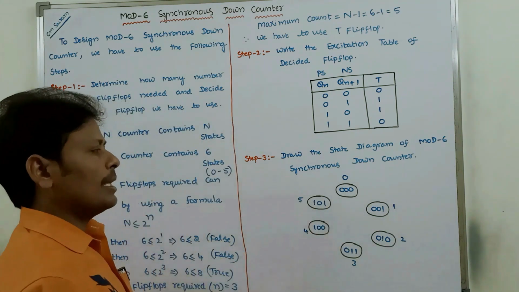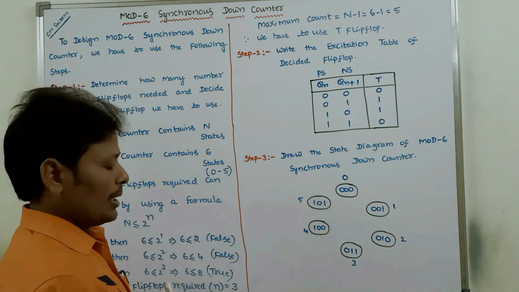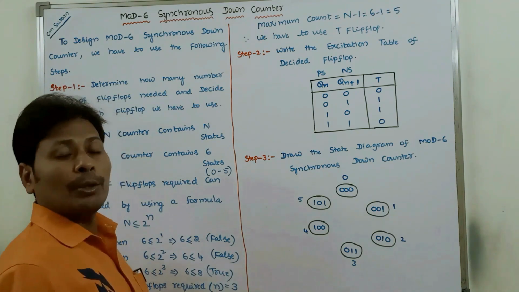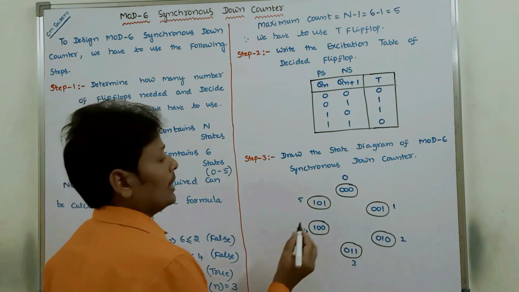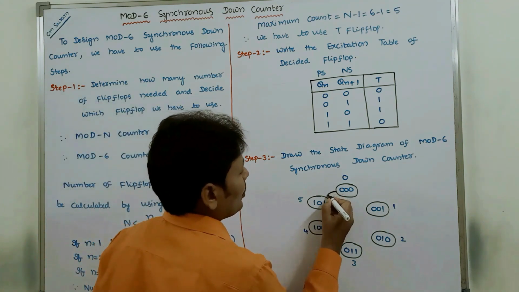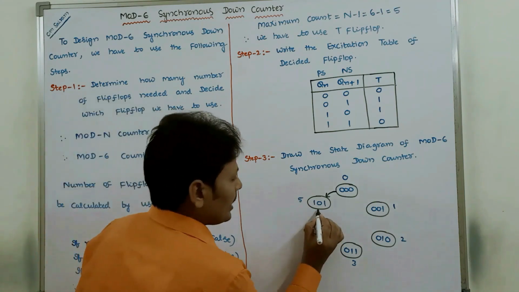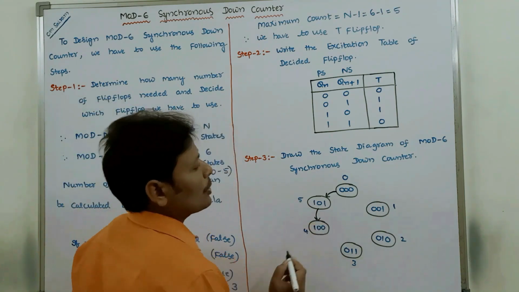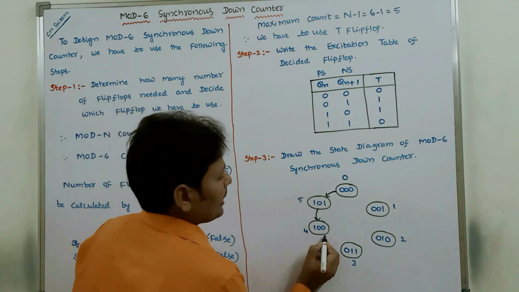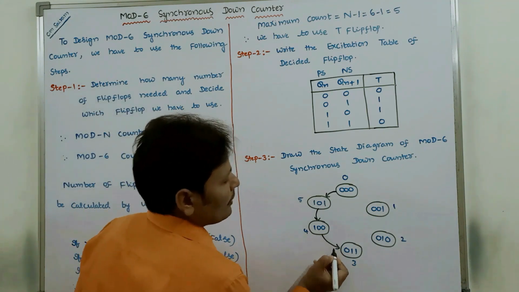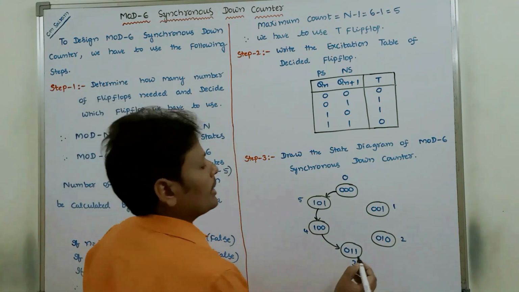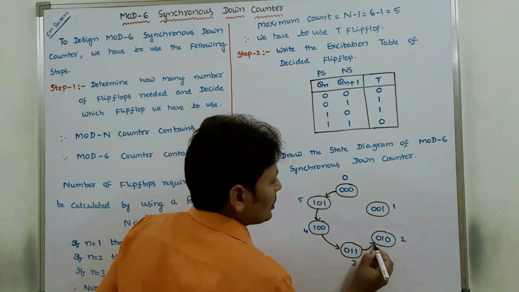Now it is a down counter, so starting with the 0 0 0 state, then immediately it goes to 1 0 1 state. Then it goes to 1 0 0 state. Then it goes to 0 1 1 state. Next it goes to 0 1 0 state.